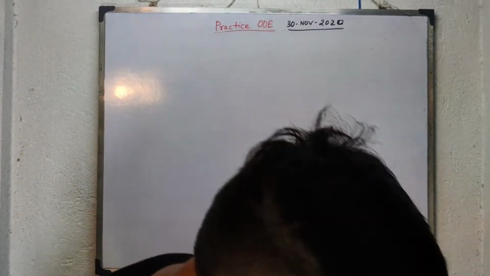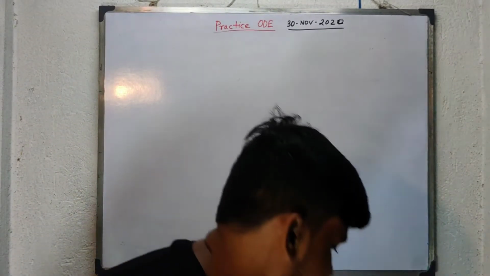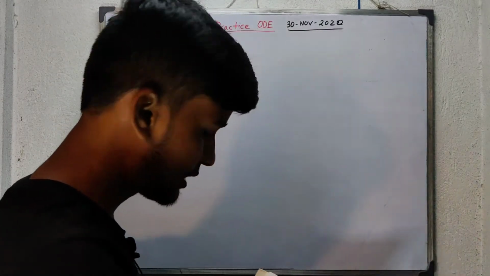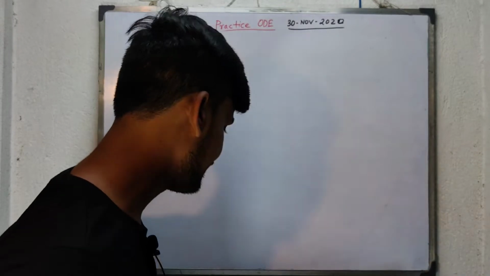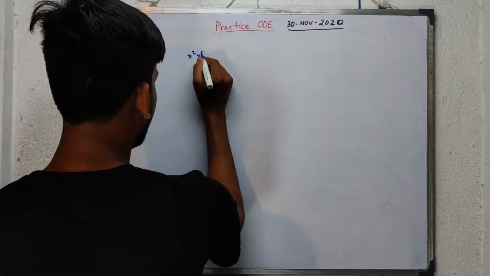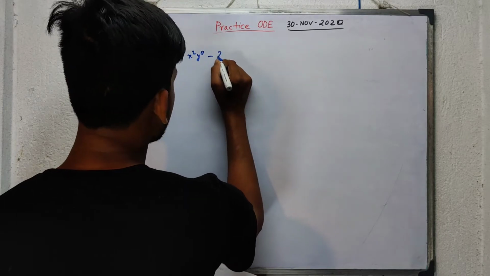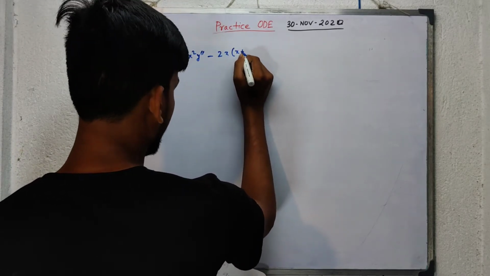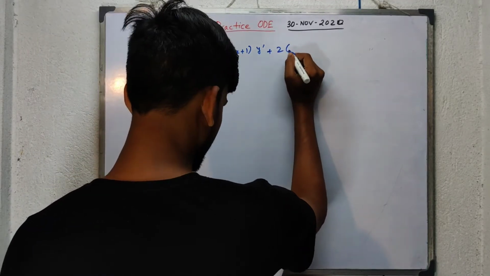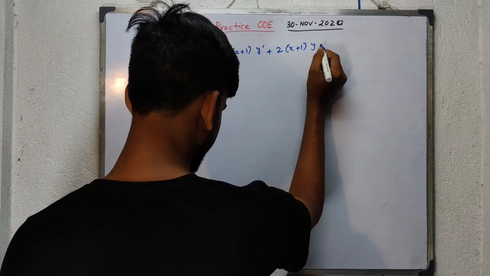The next question says: consider the differential equation. What is the differential equation? x square y double dash minus 2x into (x plus 1) y dash plus 2 into (x plus 1) into y equal to 0.